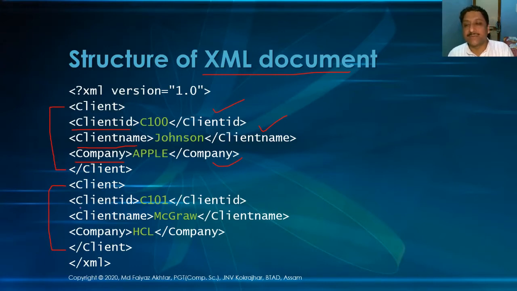The opening tag must be the predefined tag, that is XML, and the closing tag must be /XML. This is the format of an XML document. It is used to store this information.